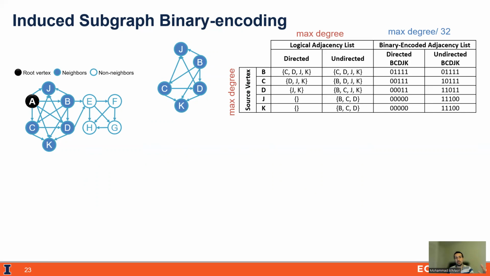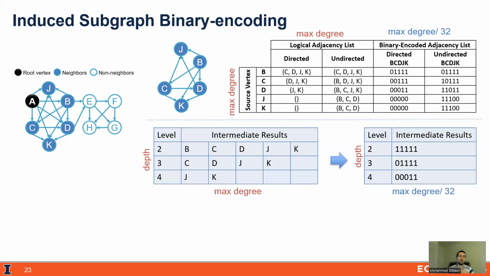The induced subgraph is transformed into a binary representation where 1 means the existence of a neighbor and 0 means the non-existence of a neighbor. It's like a dense representation in bits instead of having this sparse representation of the induced subgraph. All the intermediate results for all the levels are also binary encoded, which will also reduce the memory significantly by bit encoding the elements.